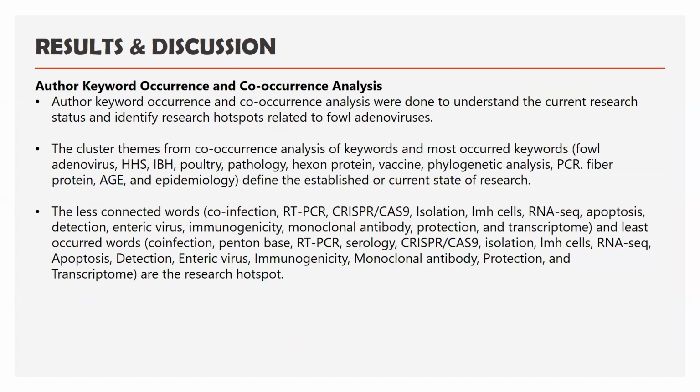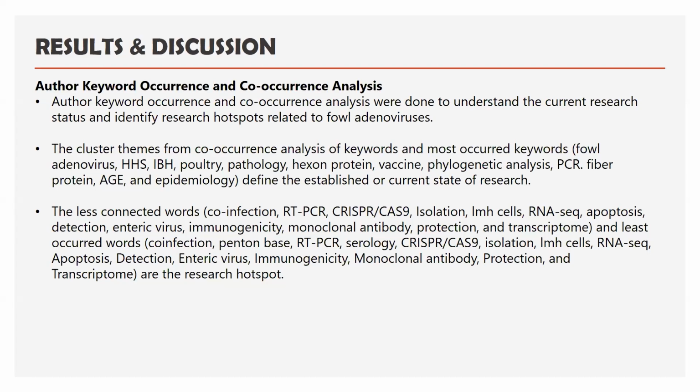Author keyword occurrence and co-occurrence analysis shows the most occurred words, which show the current state of the research or established research. Fowl adenoviruses, hepatitis hydropericardium syndrome, inclusion body hepatitis, pathology, hexon protein, vaccine, phylogenetic analysis, PCR, fiber protein, adenoviral gizzard erosion, and epidemiology are the current state of research.